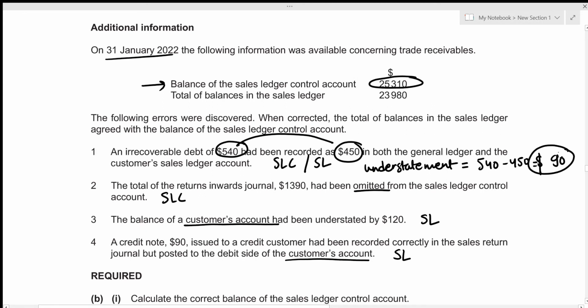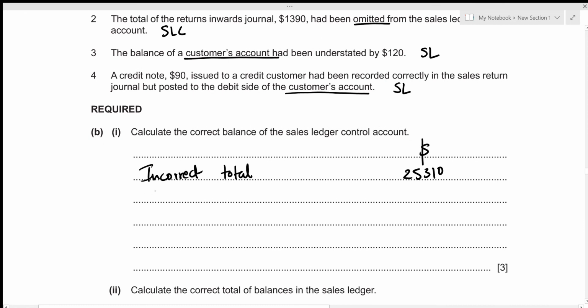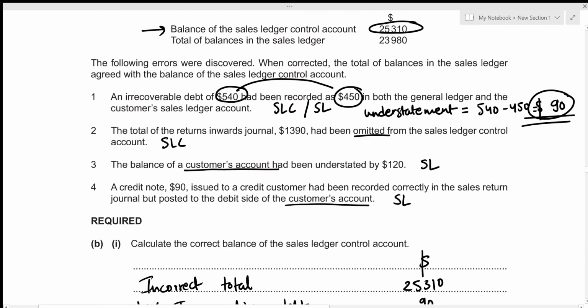And we know that irrecoverable debt is something that reduces the balance on the sales ledger control account, meaning that we should also be reducing this balance by the understatement of value 90. Let's do that. So we need to deduct our irrecoverable debt understated by 90. Okay, now we can move to the second error.